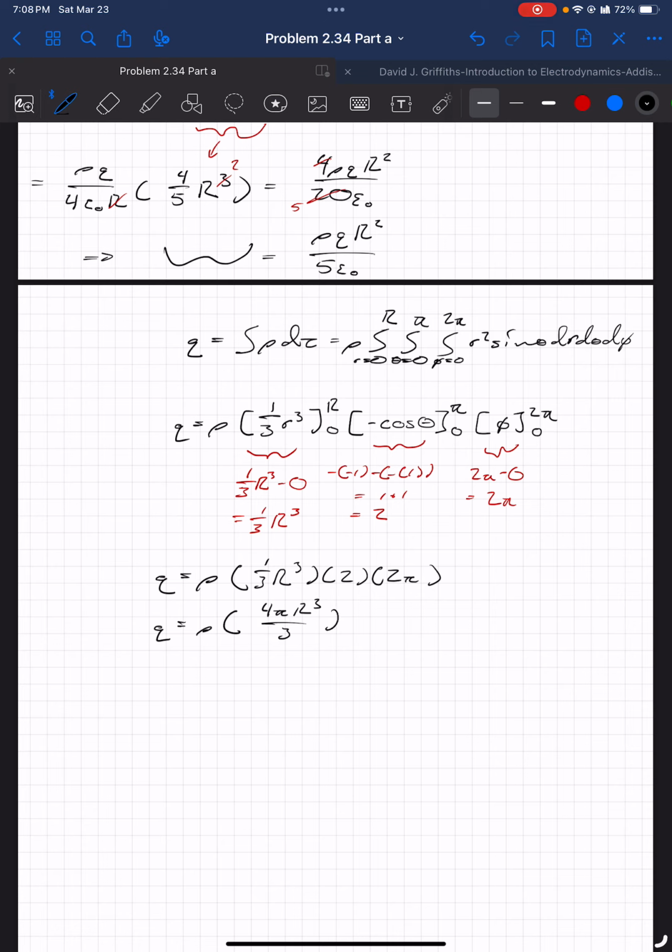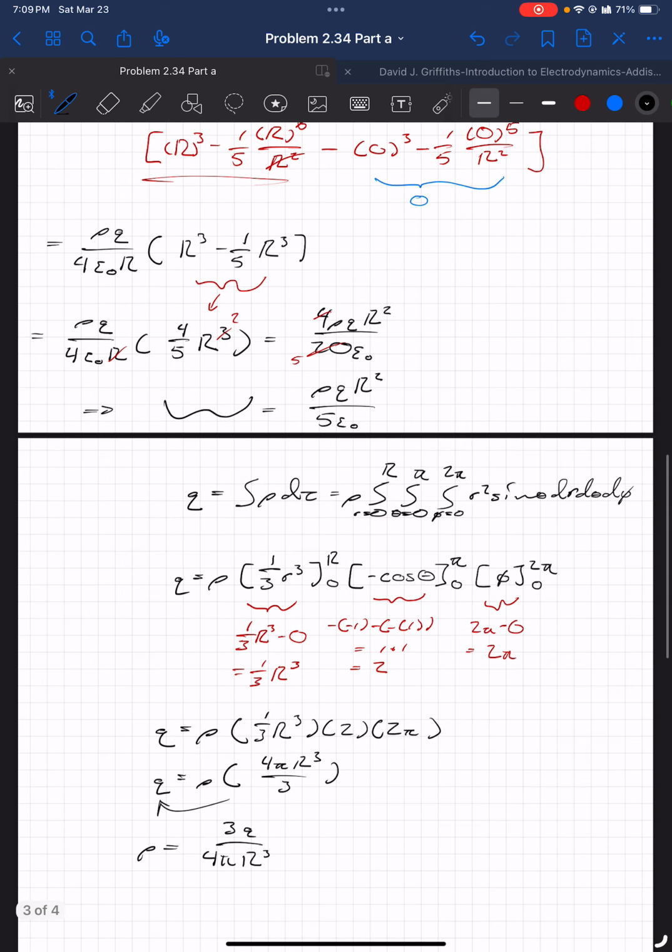Now, therefore, charge density is, by moving values around to the left side, moving this over here to get rho by itself, we have 3Q just divided by 4 pi R cubed. So now that we have our charge density, we can plug it back into our formula from before, which is just here.